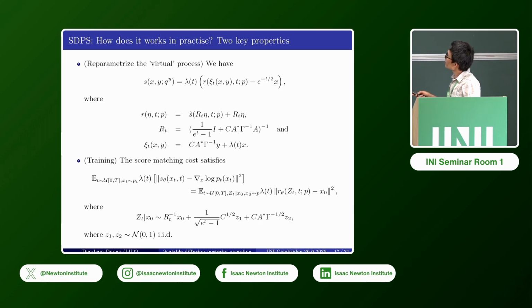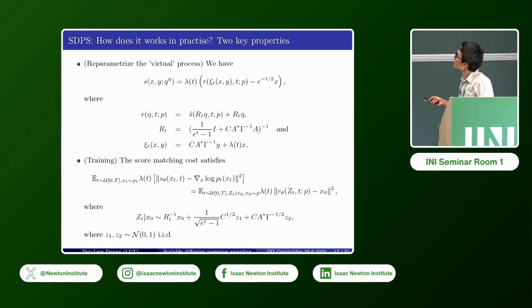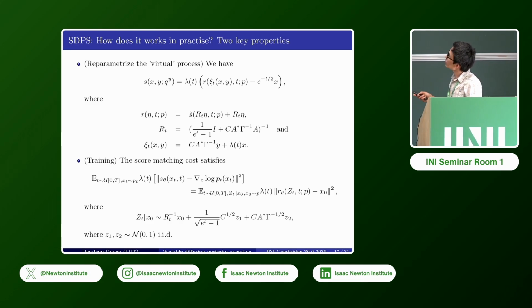This R_t is actually some bijection on the Hilbert space H, so that's why all of these are very well defined.